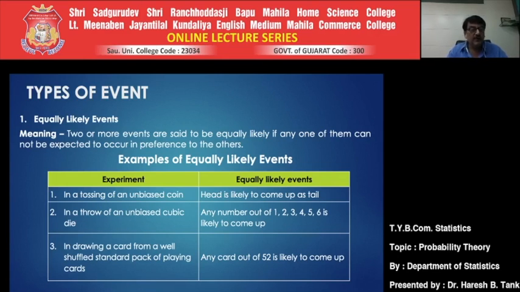In a throw of an unbiased cubic die, any number between 1 to 6 may occur on the surface. Look, when you use the word unbiased, that means the likeliness of getting 1, 2, 3, 4, 5 or 6 are the same. So they are called equally likely.